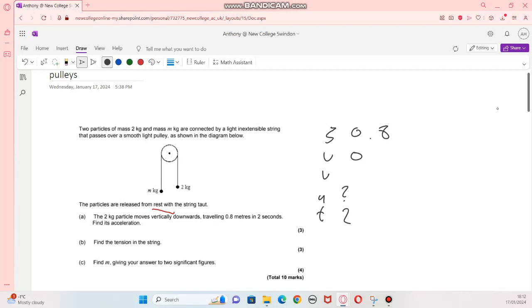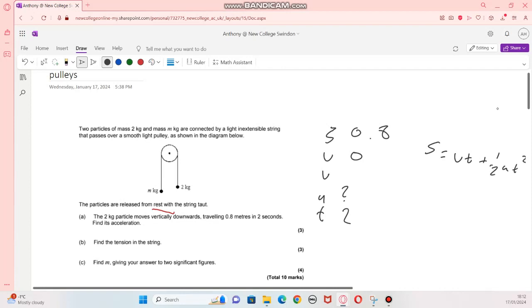You can look at your formula sheet to find which equation is suitable, and you should find the best equation for this case is s = ut + 1/2 at squared. Because our initial velocity is 0, that term cancels out. Once we put in the values, we get 0.8 = 1/2 × a × 2 squared. Solving for a, we get a = 0.4 meters per second squared.